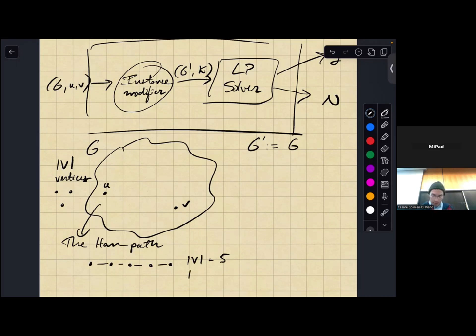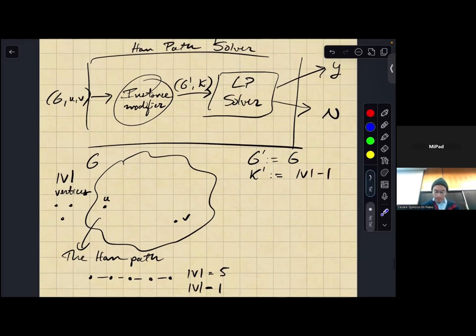The length of the path is going to be V minus 1. So let's just try G prime is G and K prime is V minus 1, and think whether this is going to work or not.